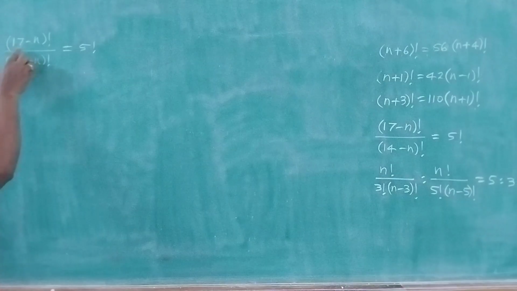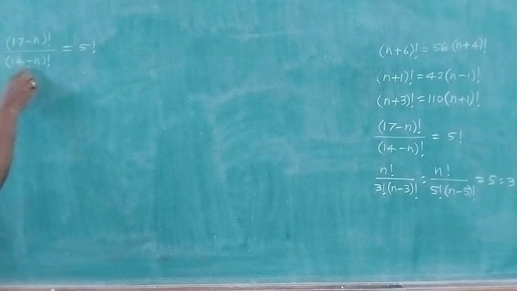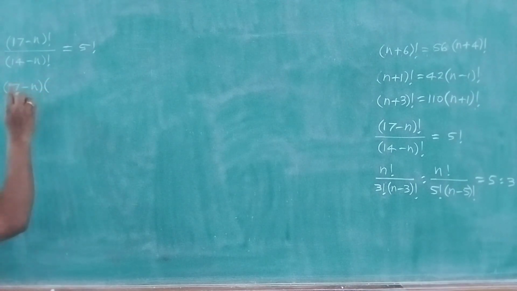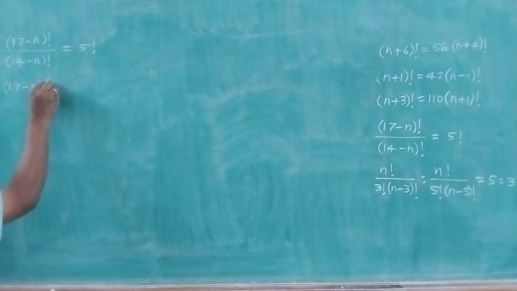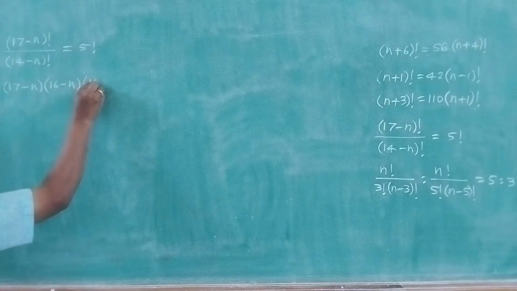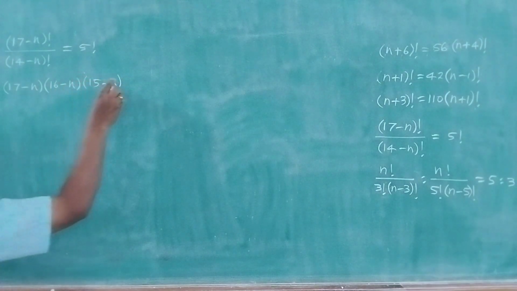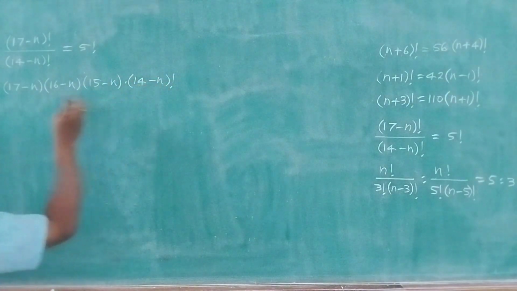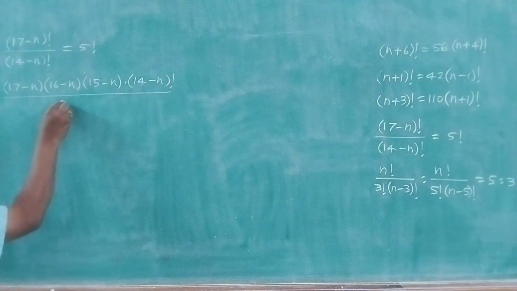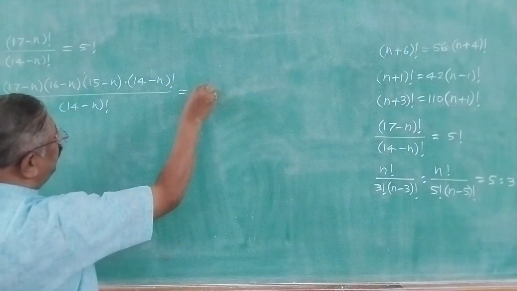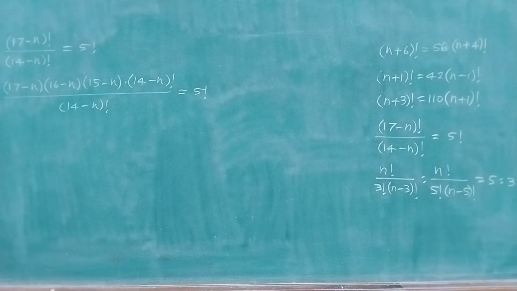Shall I write this (17-n)! in terms of this (14-n)!? Definitely we can. Now it is (17-n) multiplied by one less than 17-n, that is 16-n, then 15-n, multiplied by the remaining elements, which will definitely be (14-n)!, divided by (14-n)!, which is equal to 5!.